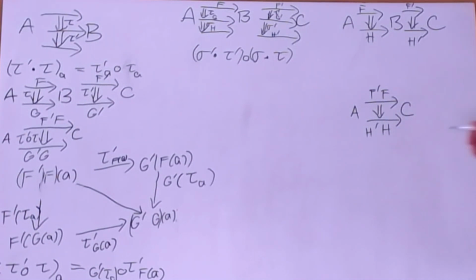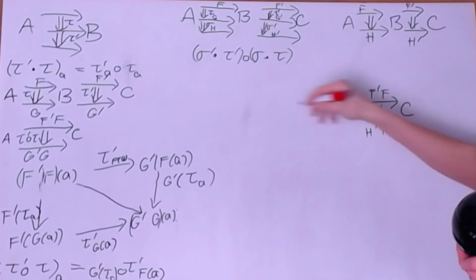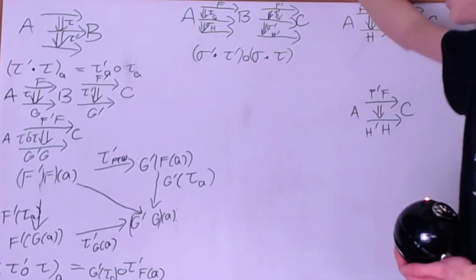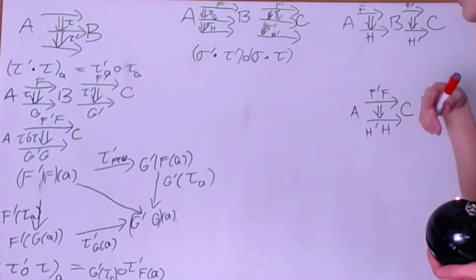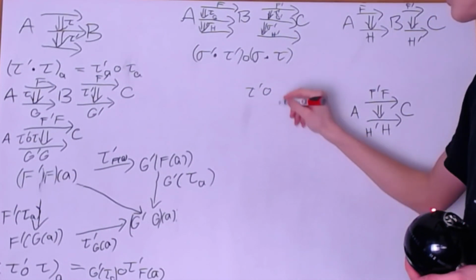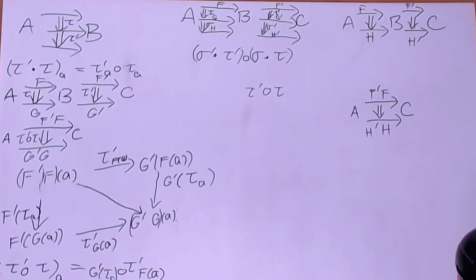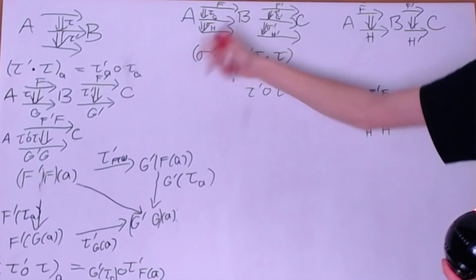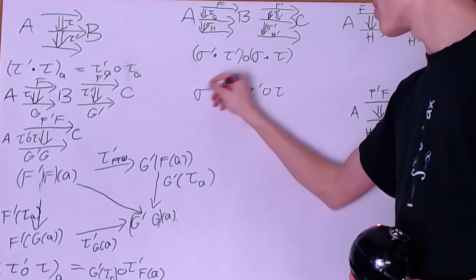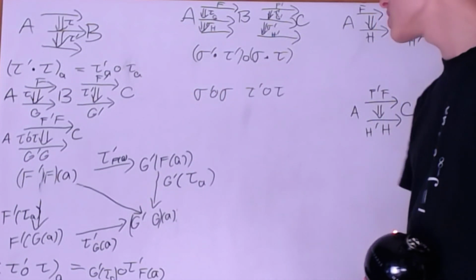All right, the other way we can compose these two is by doing horizontal composition first. So I could do tau prime with tau first. So I could do tau prime horizontally composed with tau, as those match this diagram. And then I could also do sigma prime horizontally composed sigma.